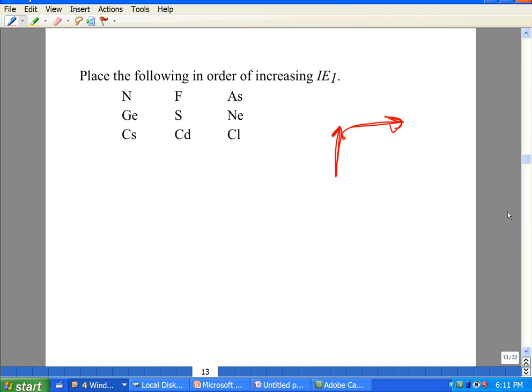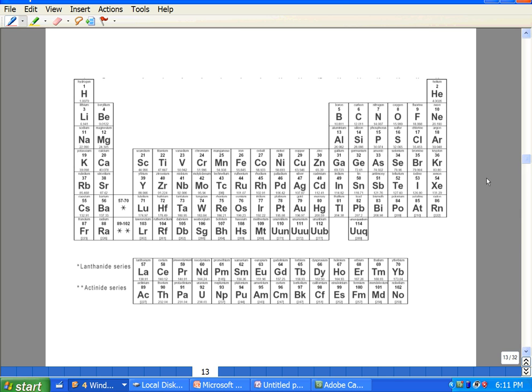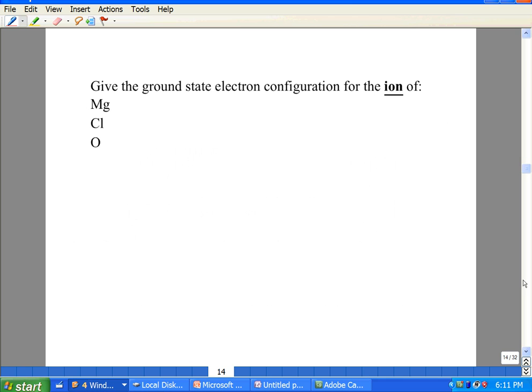Okay, the next question asks us to give the ground state configuration for the ion of the following. So if it just gives you the element and asks you to give the electron configuration for the ion, that means that it is expecting you to be able to identify, based on its position on the periodic table, what its most stable ion should look like.